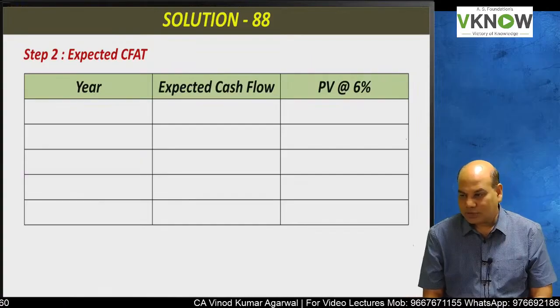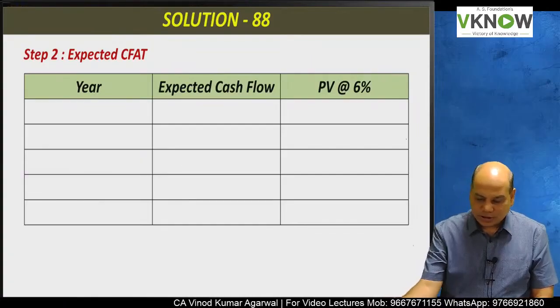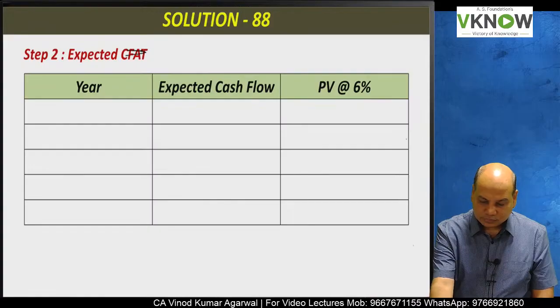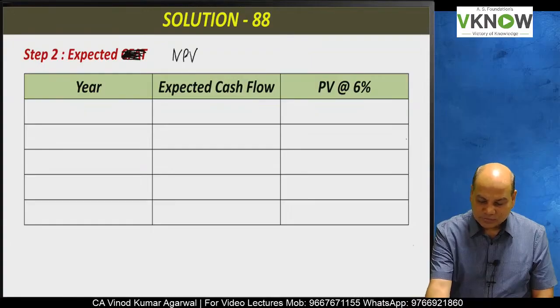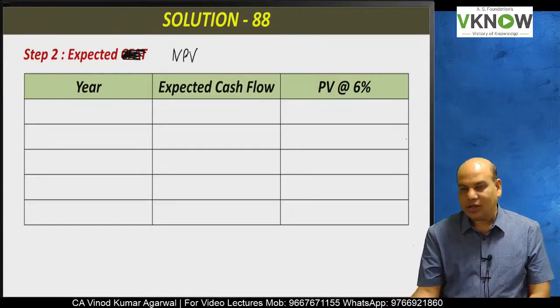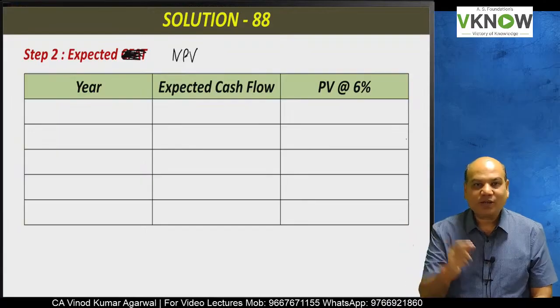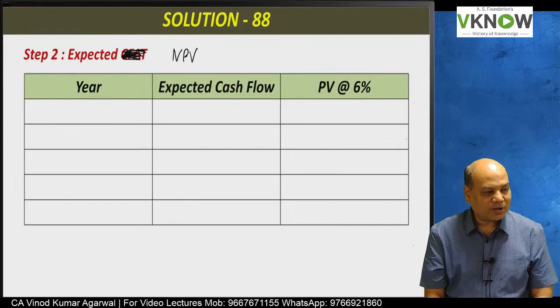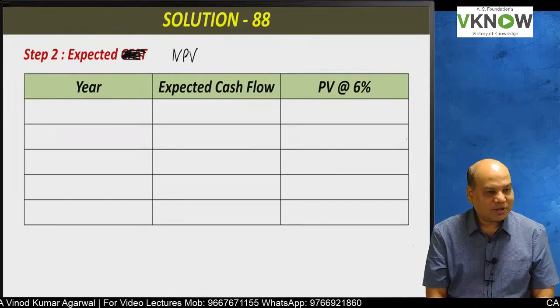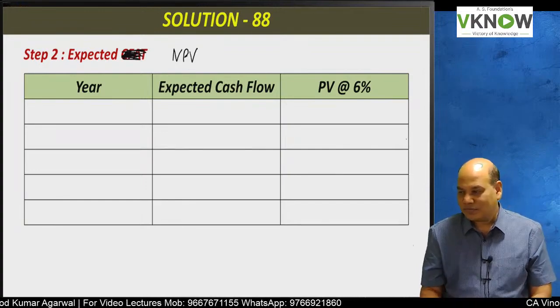Now write down step 2, expected NPV. Make columns: year, expected cash flow, present value at 6%.